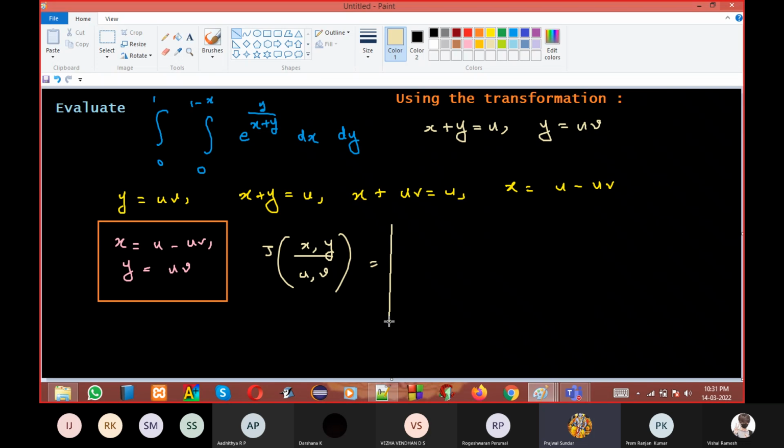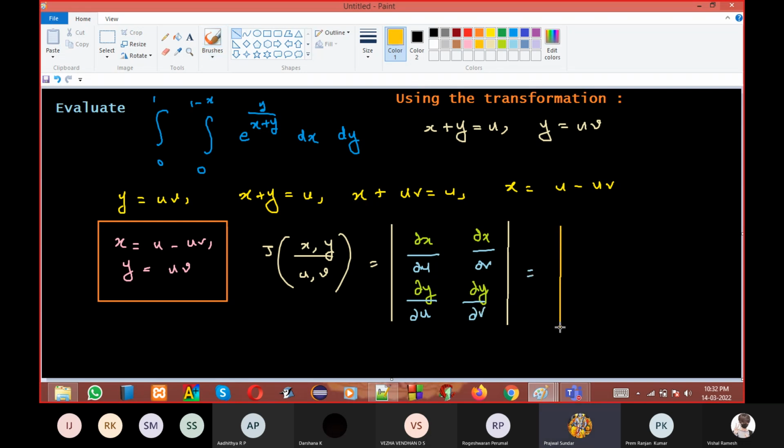So the Jacobian operator I have already taught you. How you will write it? You will write dou x, dou y, then dou u, dou v. Please evaluate it. Dou x by dou u will be 1 minus v.